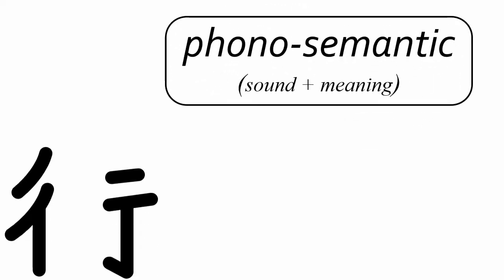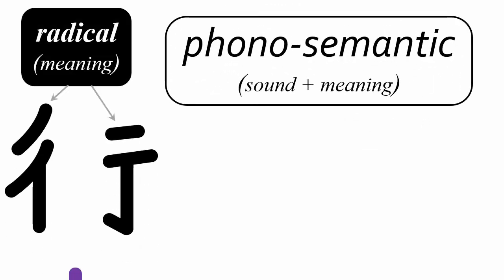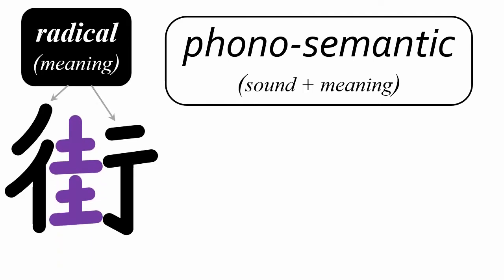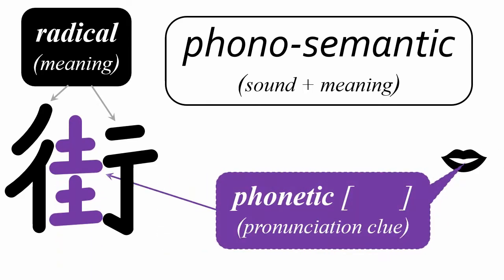Obviously, this is a phonosemantic compound character with a double earth, 圭, serving as the phonetic for 接. This pronunciation is unsurprising, as we've seen before that hard G can change to a soft J, even in English, such as in the word gorgeous.